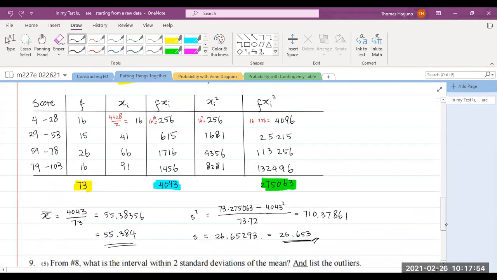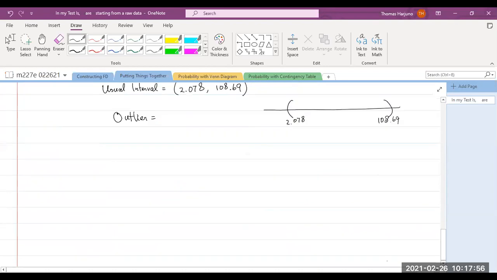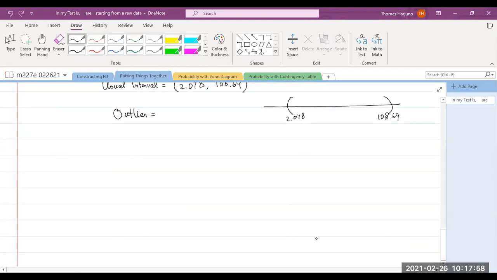Okay, let me grab the original raw data and copy that down here for us to see better. In a second. So we compare with the original data. Let me put it here.